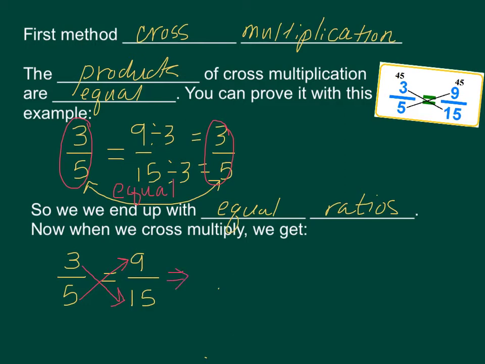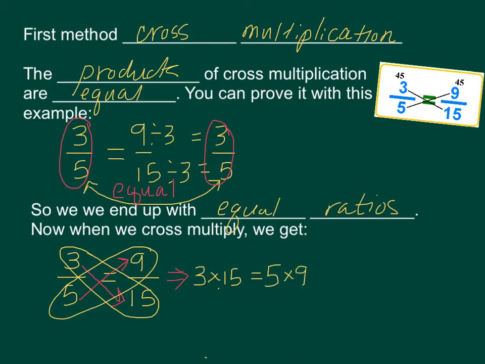So I am doing 3 times 15, and on the other side of the equal symbol, I am doing 5 times 9. When we simplify, 3 times 15 is 45, and 5 times 9 is 45, and those two are equal to each other. So we have just proven that cross multiplication works.